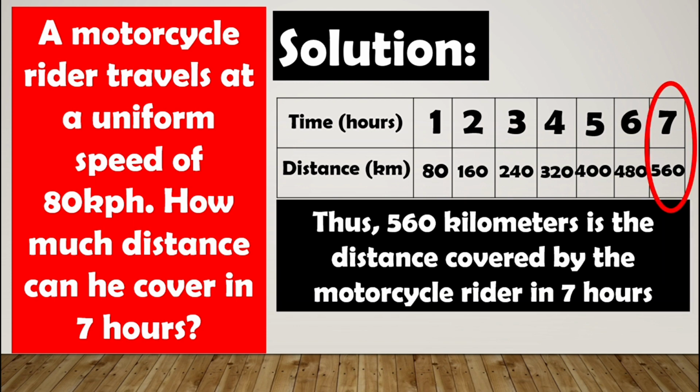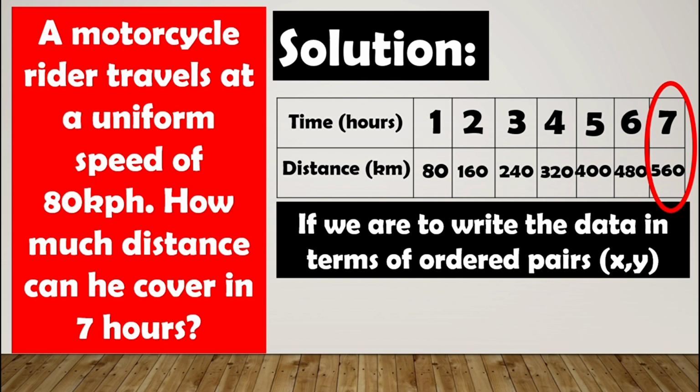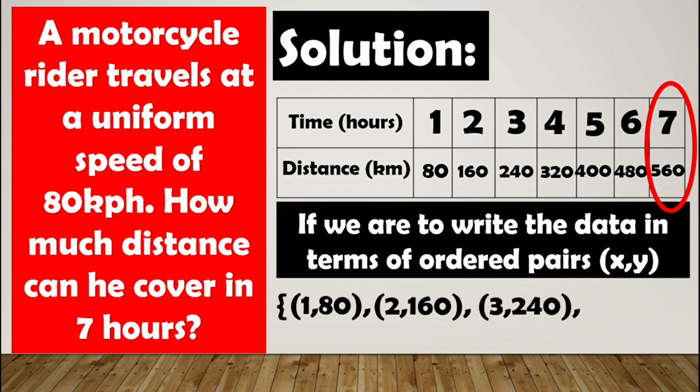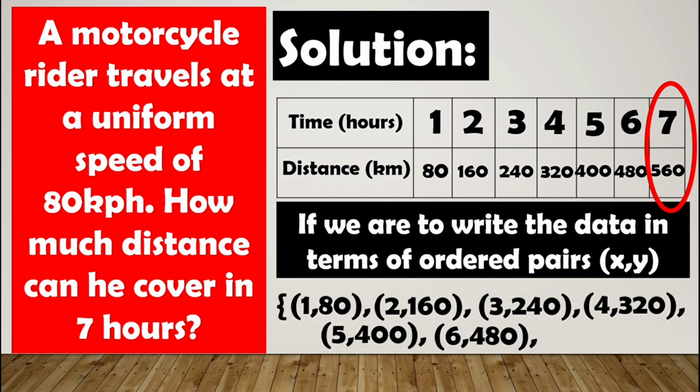Thus, we can say 560 kilometers is the distance covered by the motorcycle rider in 7 hours. If we are to write the data in terms of ordered pairs x and y, these would be the sets of our ordered pairs: 1 and 80, 2 and 160, 3 and 240, 4 and 320, 5 and 400, 6 and 480, 7 and 560.